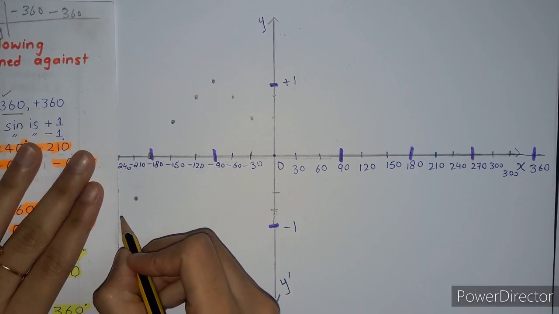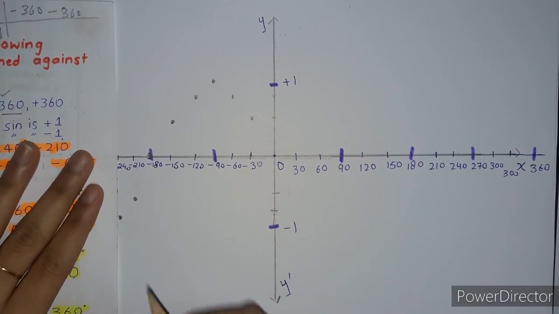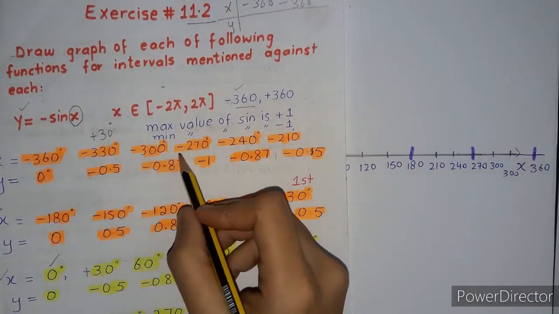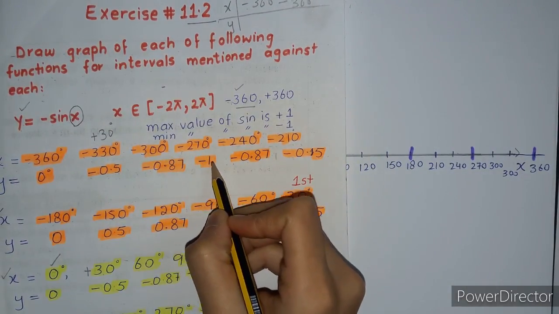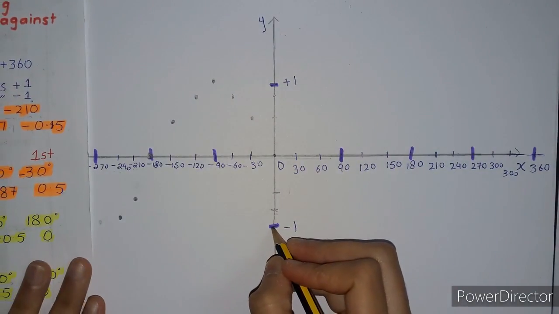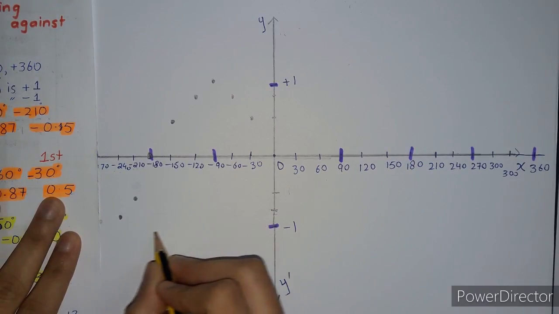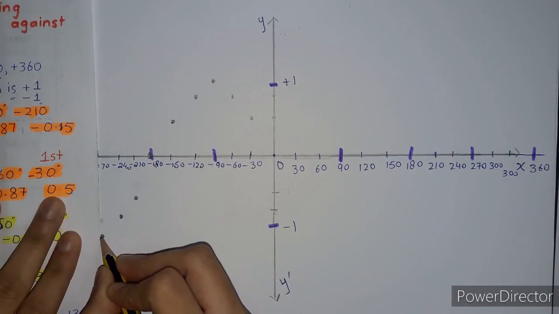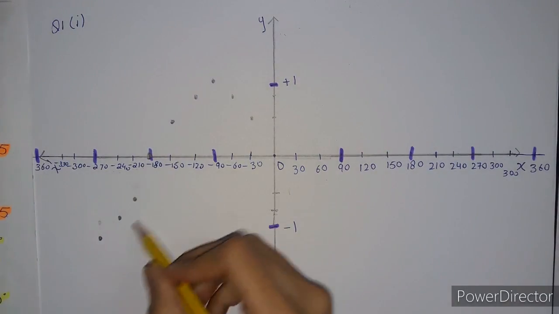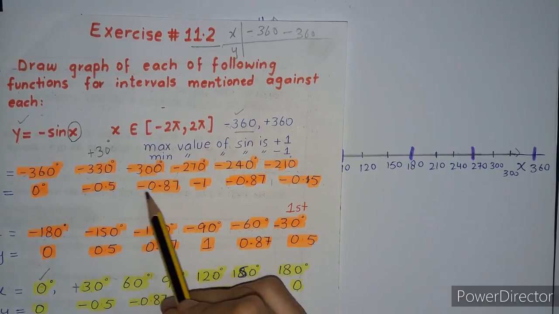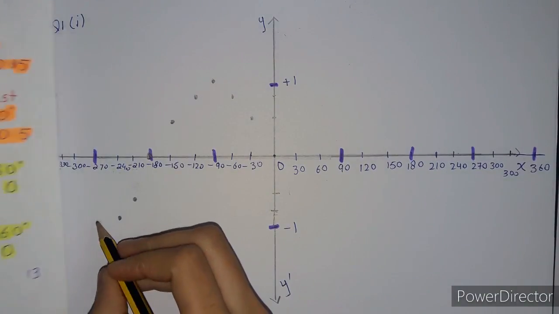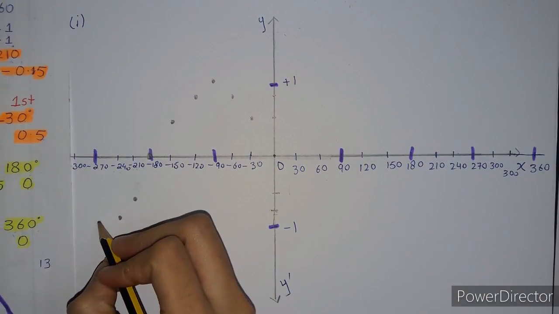Then minus 270 is -1, so this point, so it will be like this here. Okay, then -300 is -0.87, this point 300.